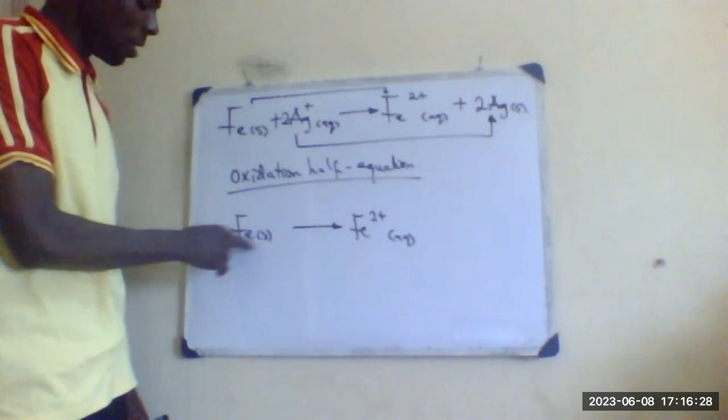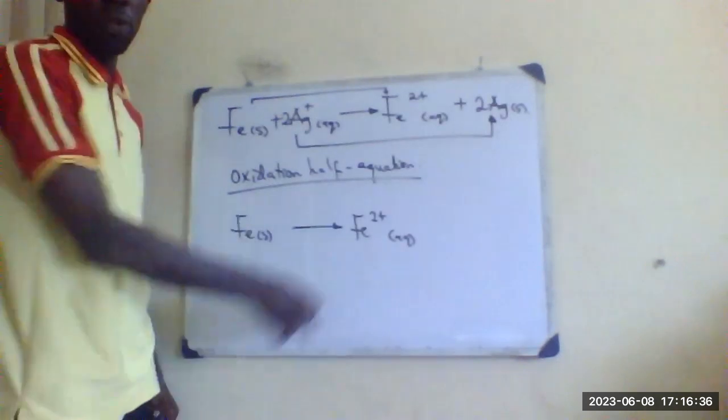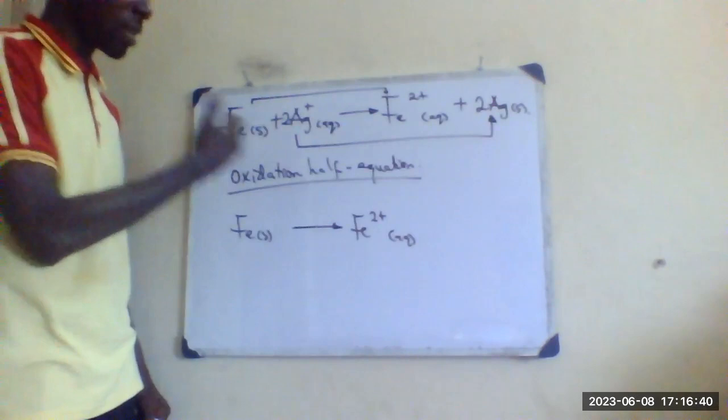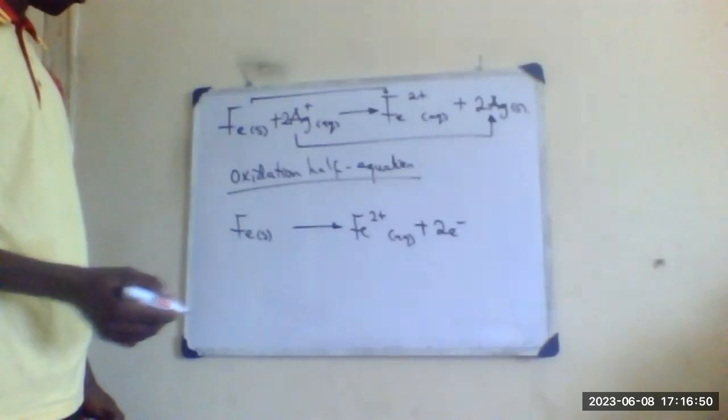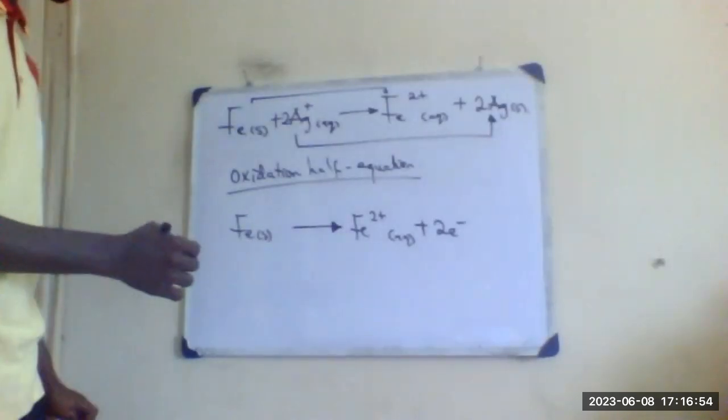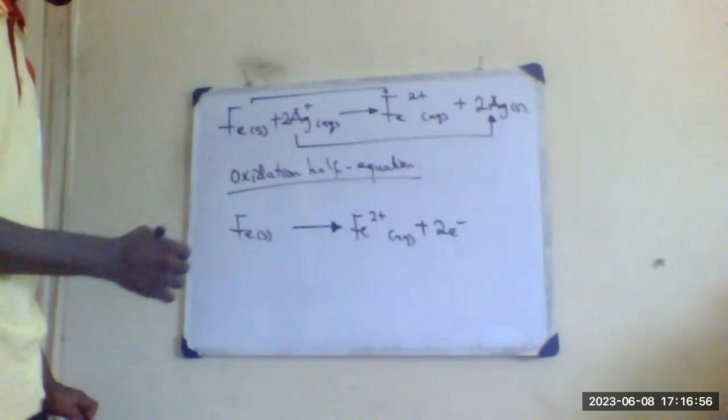There's no oxygen, so there's no need for balancing hydrogen. The only thing we balance here is charges. The charge here is 0, the charge here is +2. So we add electrons to the right hand side. As simple as that, just add 2 electrons. That is the balanced oxidation half equation.